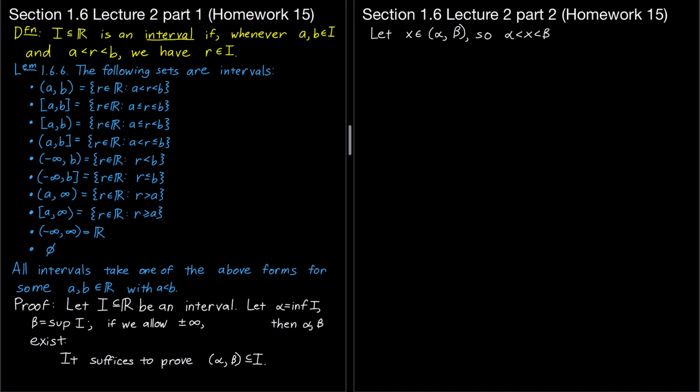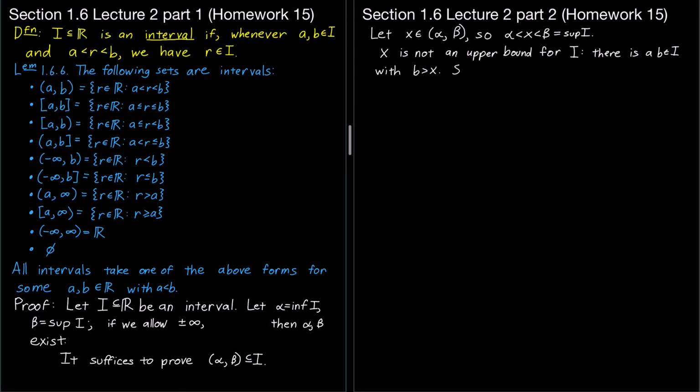Remember, beta is also known as the supremum of I. x is less than the supremum of I, so that means x is not an upper bound for I. That means there is a b in I with b bigger than x.